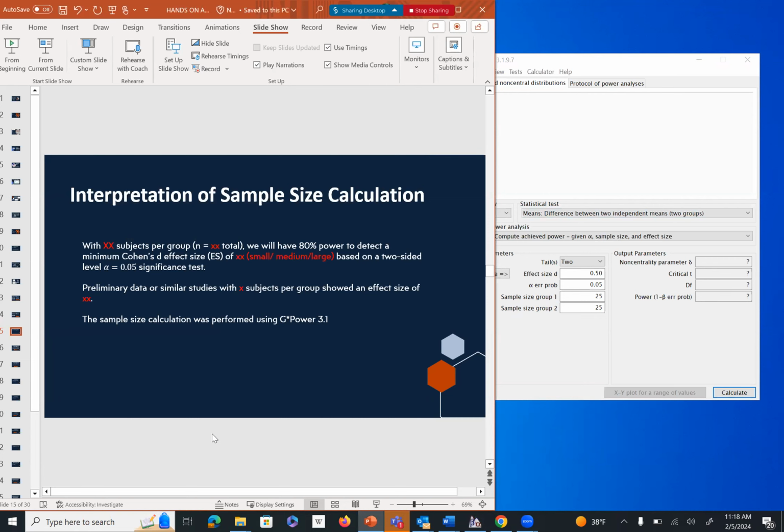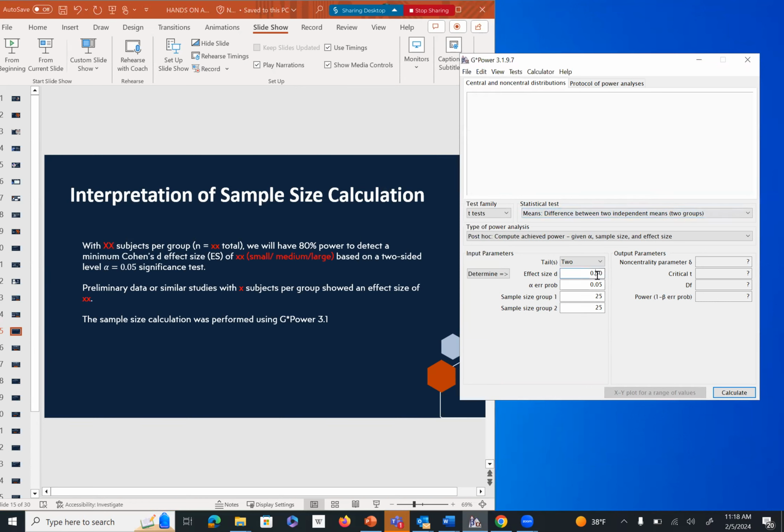And then when we're interpreting the sample size calculation results, for example, let me just give an example. Let's say I'm looking for a 0.50 effect size difference and I'm calculating sample size with a power of 80.